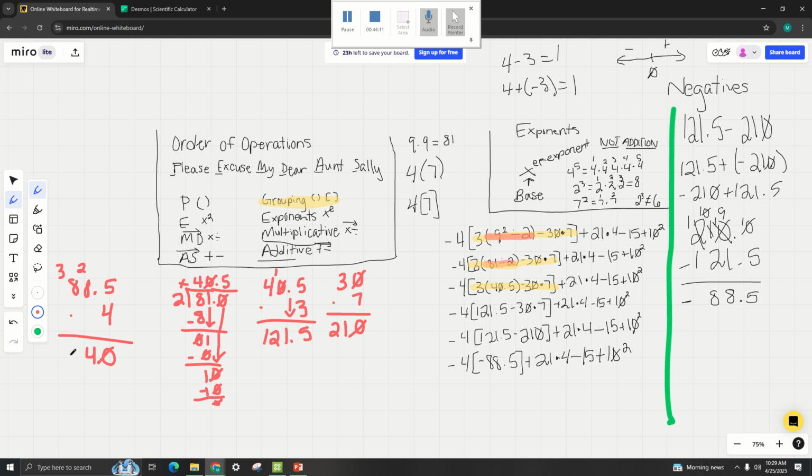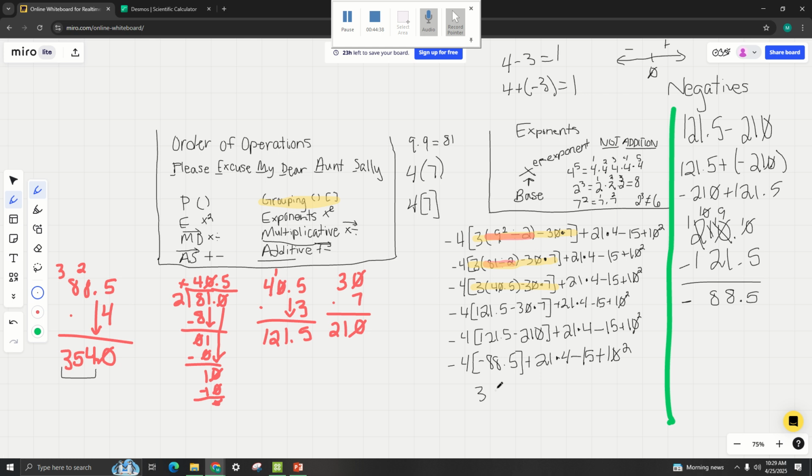I don't have anything else to carry over to, so I just write my 35 down here. And I drop my decimal point down into the same place value. So I still create a tenths place. And lucky us, we actually got a whole number, so now we don't have any more decimal value. Thank goodness. So now I did negative 4 times negative 88.5. I got positive 354. I don't have to write my 0.